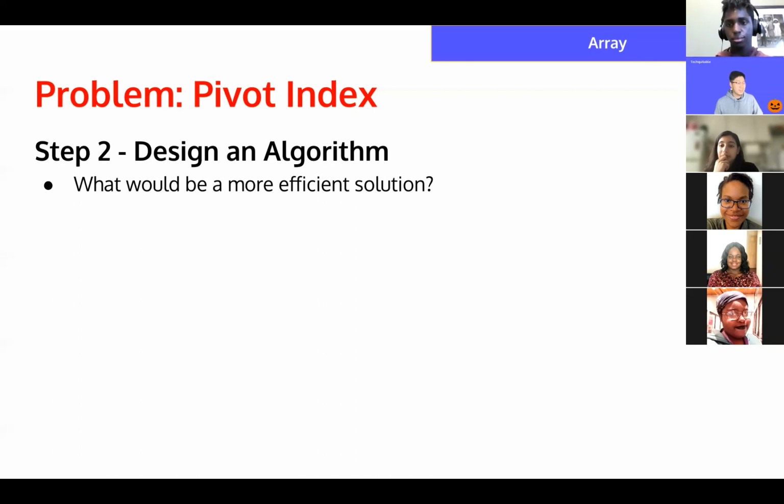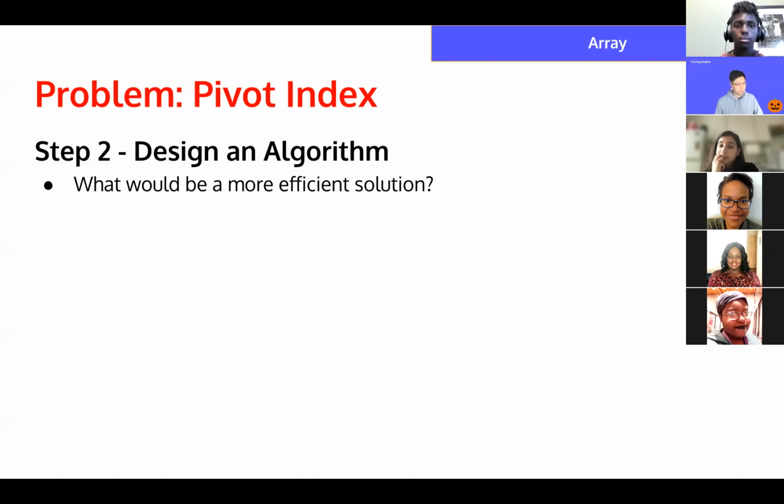Oh, no, Valerie, I think you're definitely onto something here. I'd like to understand more of the ideas that you had, but it sounded like your idea was to find the sum of all the elements in the array first, right? So if you know the sum of all elements first, what can we do with that?